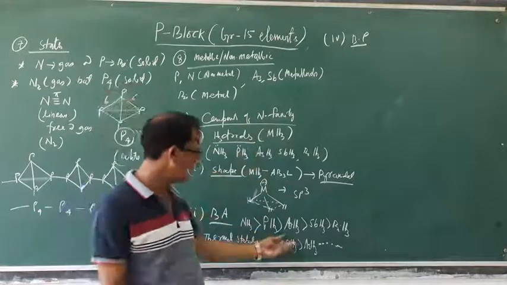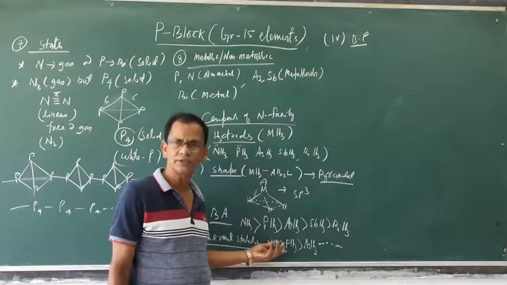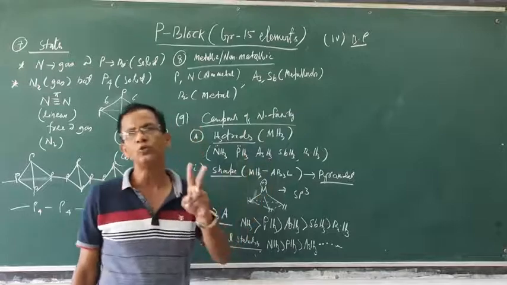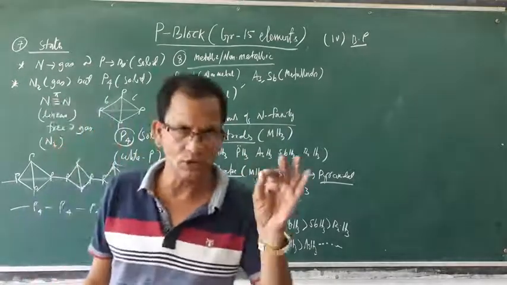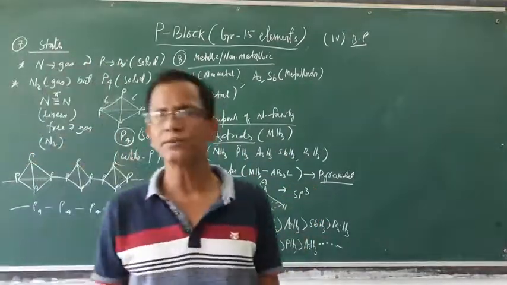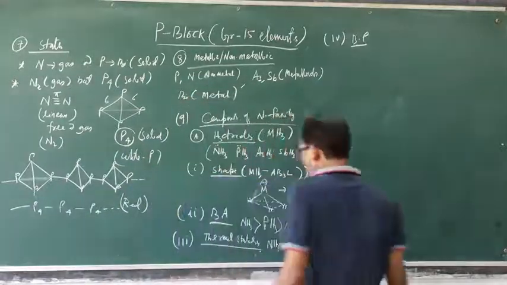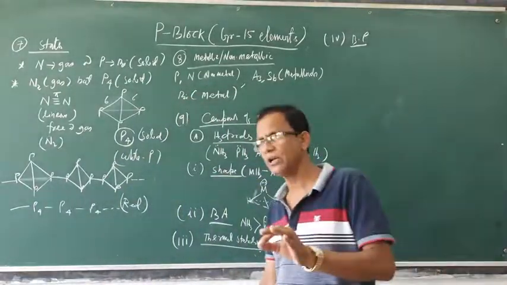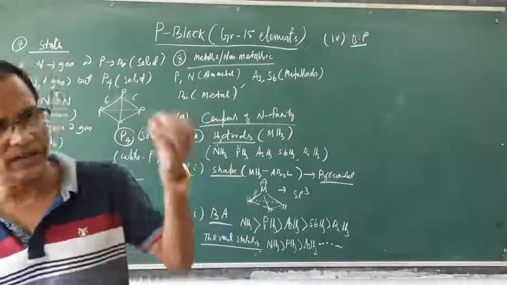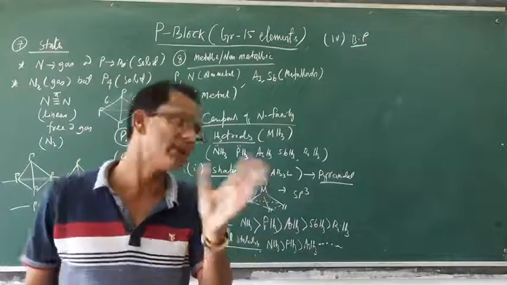In ammonia, as it is a covalent substance, it has two types of force. One is hydrogen bonding, another one is van der Waals force. If both forces are greater, then boiling point will be greater. If any one is greater, boiling point will be greater.